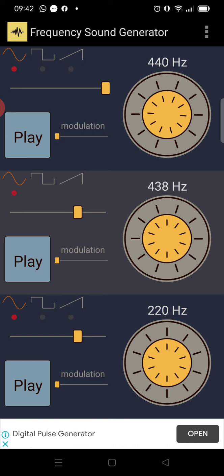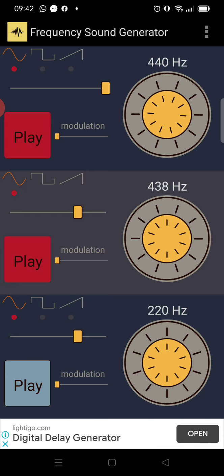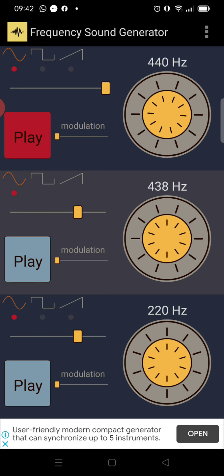So instead of loud, loud, loud, you'll hear loud, loud, loud, loud, loud, loud. You'll hear two beats per second. So let's see that. One, two, one, two, one, two.